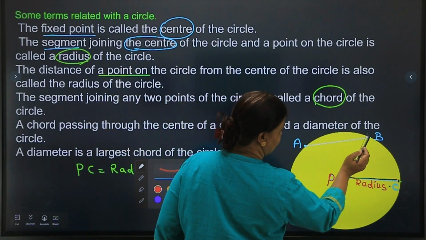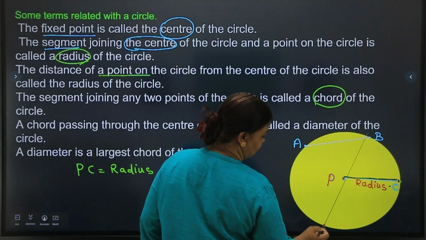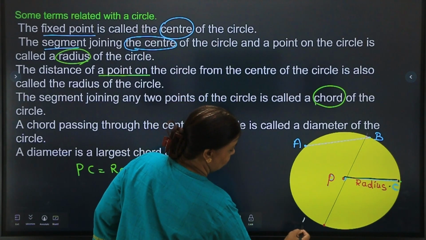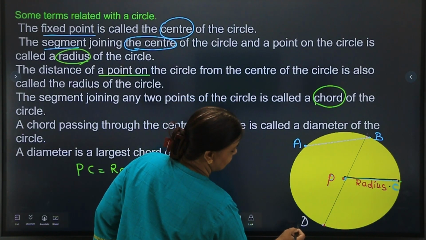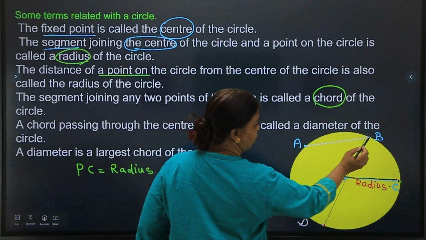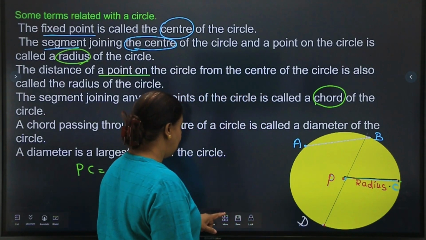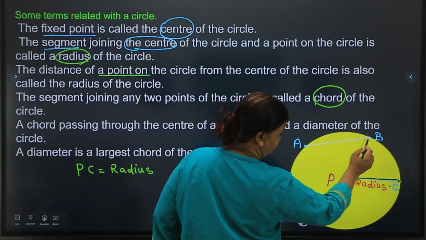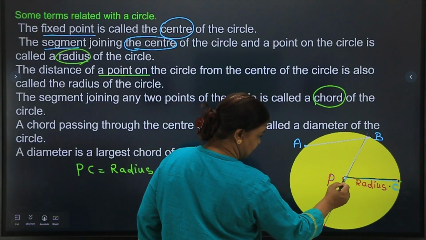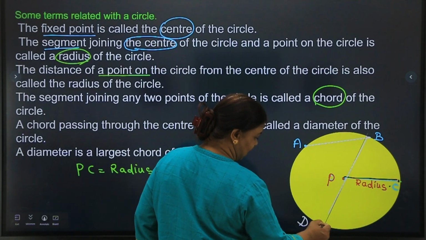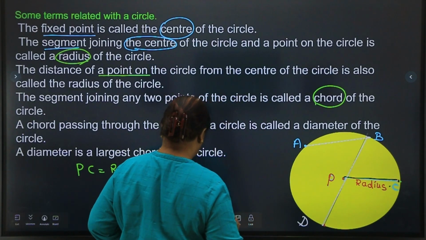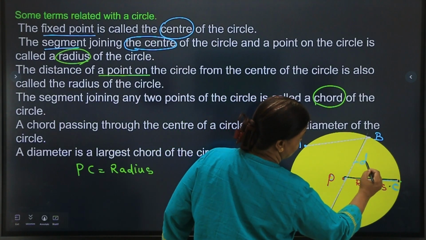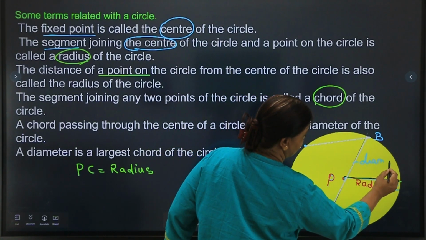There is one point here, there is another point here. Let us name this point D, and this point is B. Now, if I draw a line which passes through the center, that line is called the diameter of the circle.